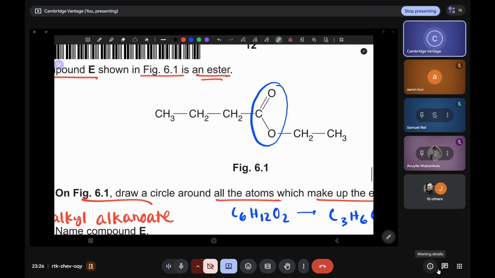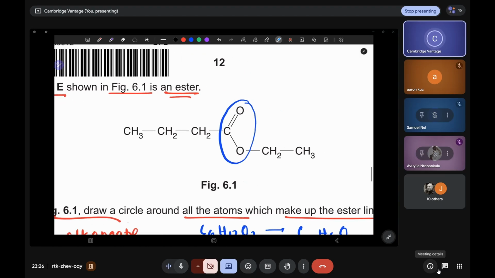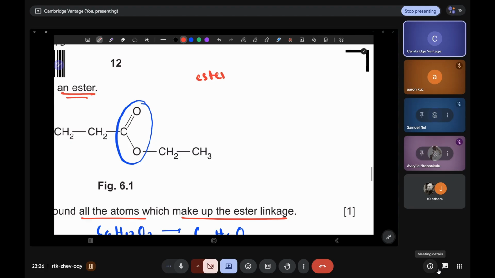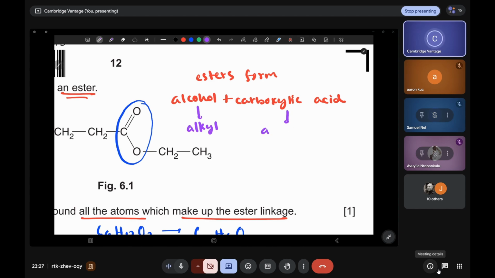From the structure, what we are essentially looking for is, we know that esters form when an alcohol and a carboxylic acid react. And when they react, they form the ester. So the alkyl part is taken from the alcohol. The alkanoate part is taken from the carboxylic acid.